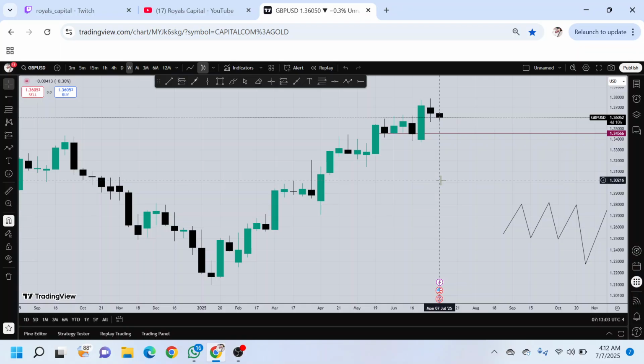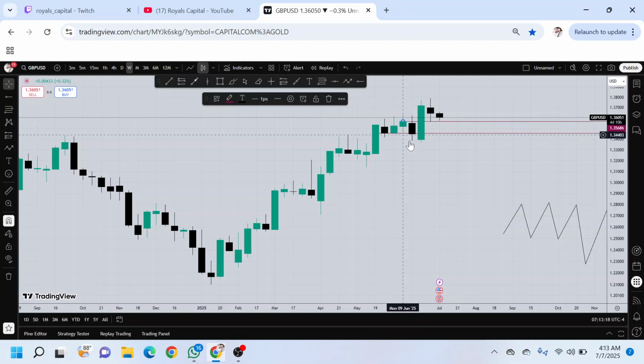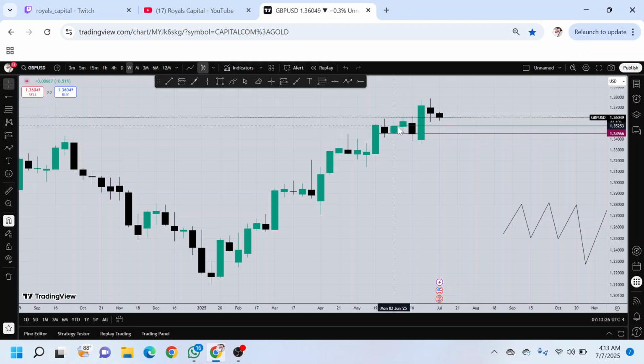I don't know whether I'm right. It's been a long time since I used ICT concepts. It's either this bullish candle. Yeah, it should be. So I'm going to mark this out. But then look at this low. Maybe I can refine it to here.